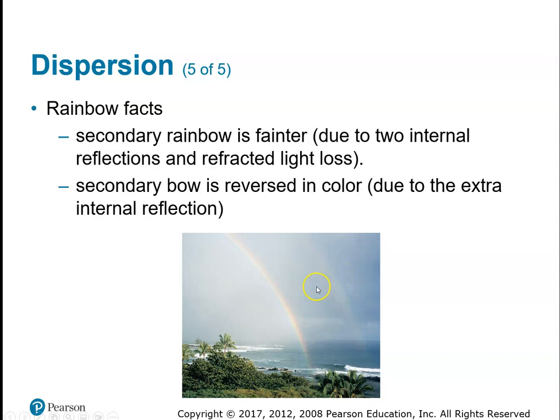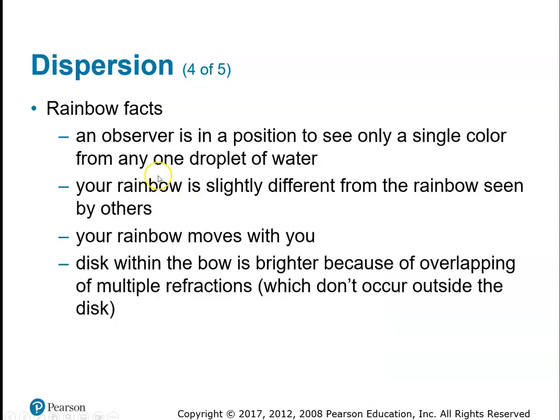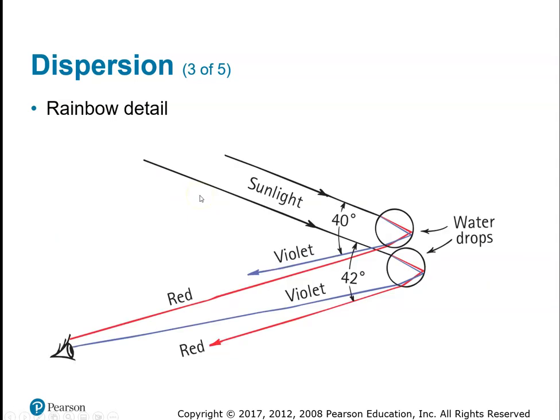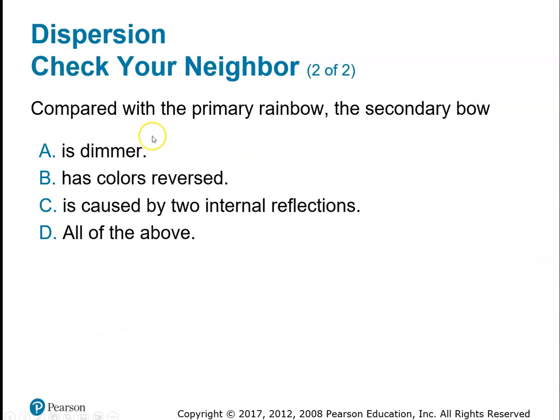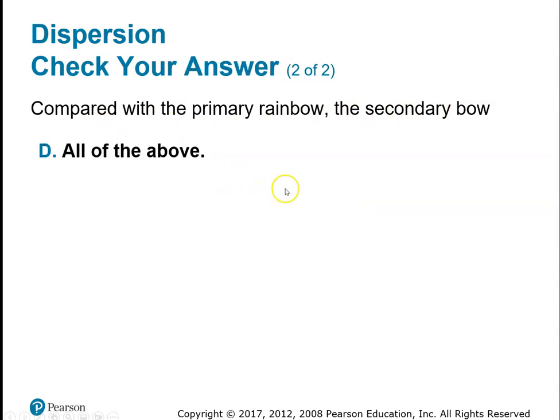So you're seeing from red to blue. Compared with the primary rainbow, the secondary rainbow has the colors reversed.